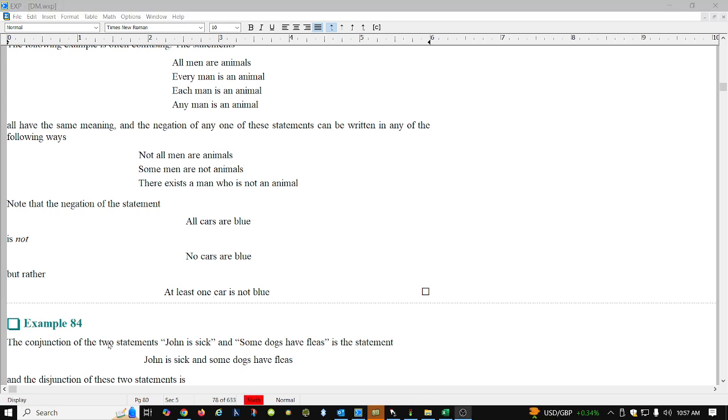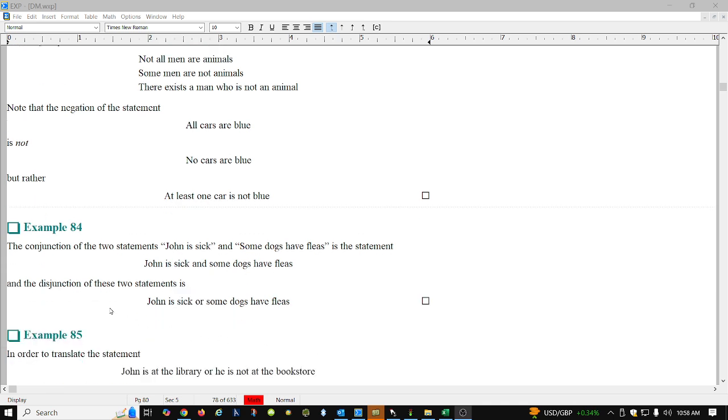The conjunction of "John is sick" and "some dogs have fleas" is the statement John is sick and some dogs have fleas. The disjunction of these two simple statements is John is sick or some dogs have fleas.